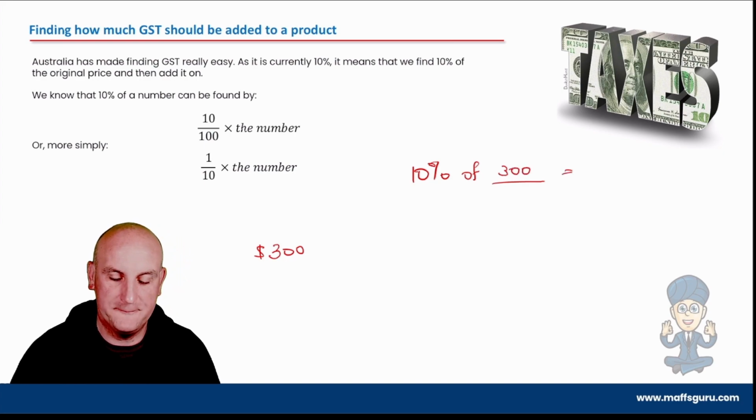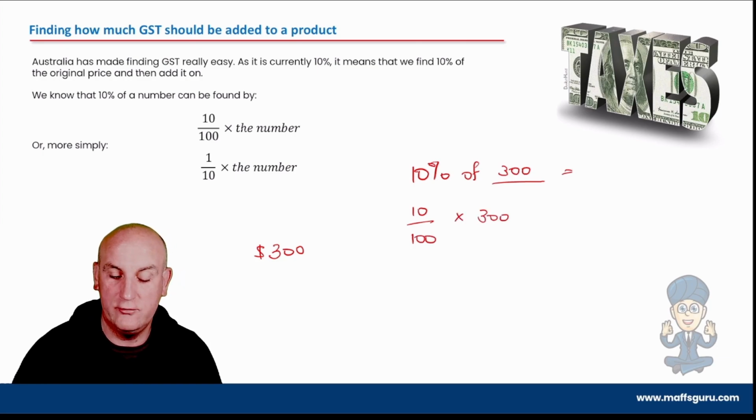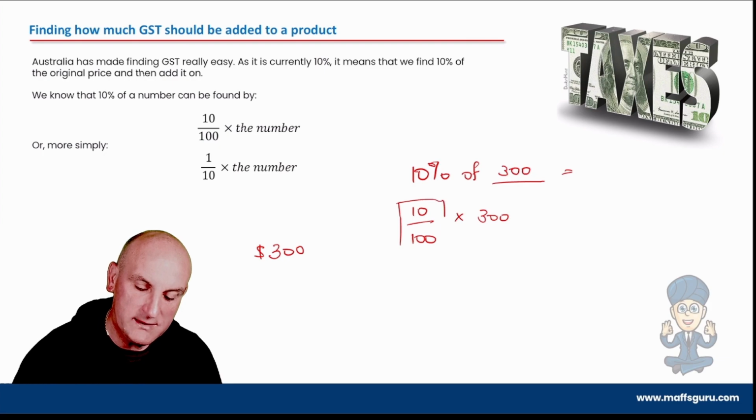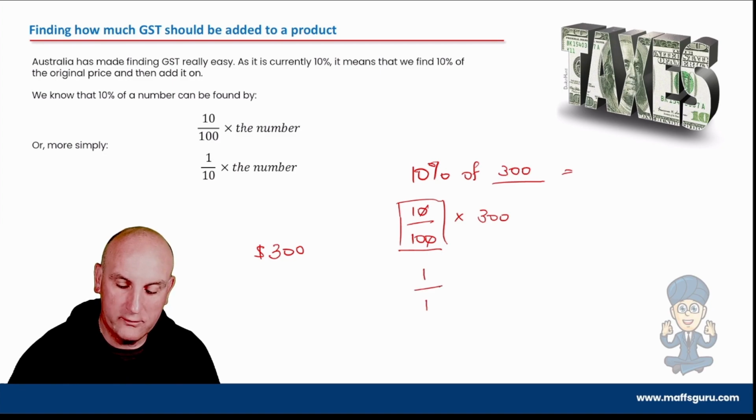How do we do that? Well, we know that 10% is 10 on 100, of is times, and then 300. But this can be cancelled down, can't it? Because we can divide the top and bottom by 10. So that would become 1 on 10 times 300.